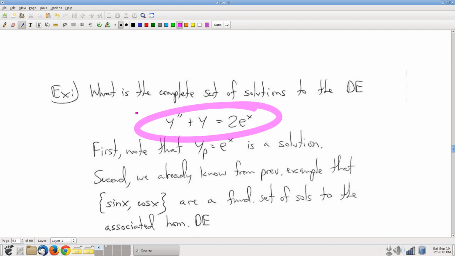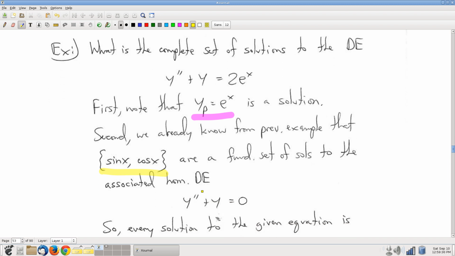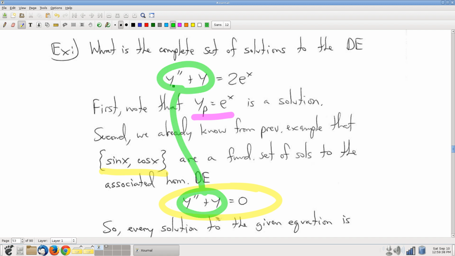And let's see an example. Let's look at this differential equation here. Now, at a glance, it's not hard to confirm that that's a solution. Just take that, plug it in, the equation works. Okay. So we can call this our particular solution. We know from a previous example that these are the homogeneous solutions. Namely, those are the solutions to this associated homogeneous equation. And keep in mind, when I say associated, I mean that the left-hand sides are the same.